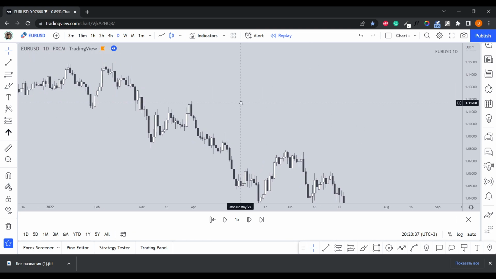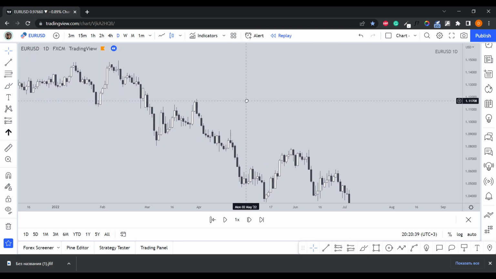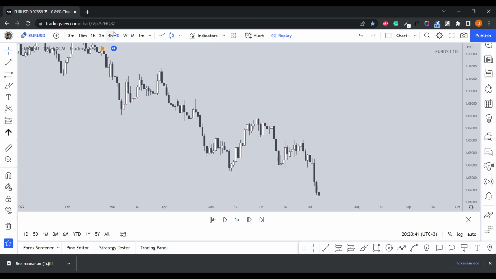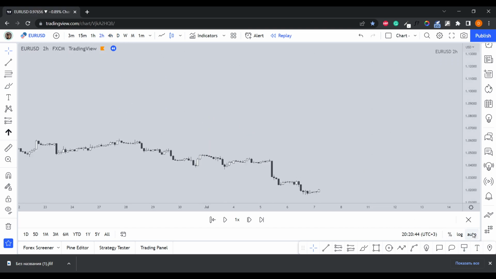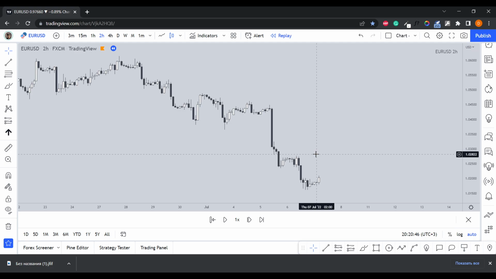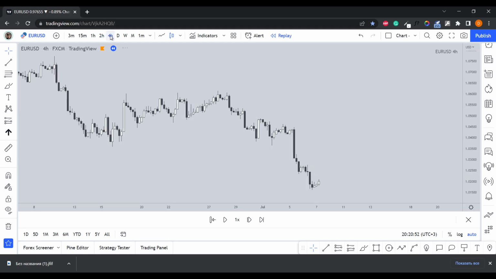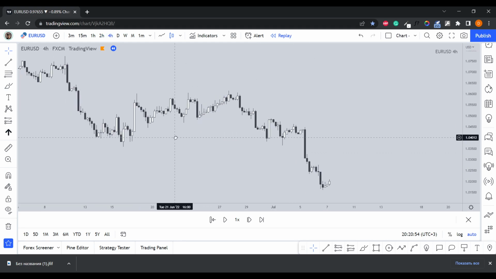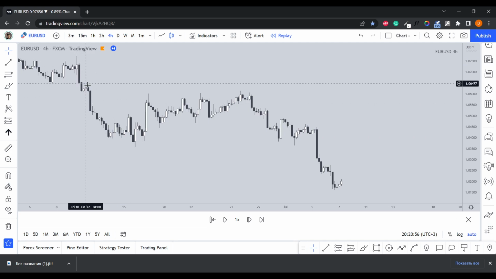In this case, let me switch to the 2 hours chart. Yeah, let's go for 4 hours. In this case, it will be okay to go from here, and we see that we had this break by this impulse.